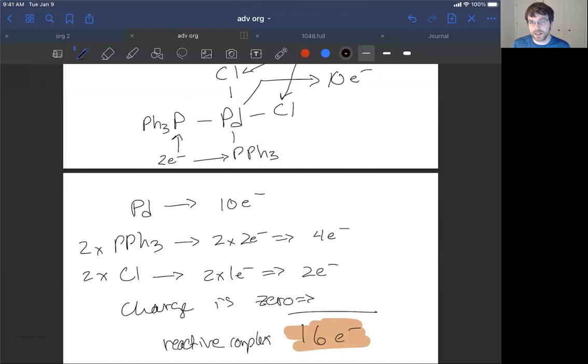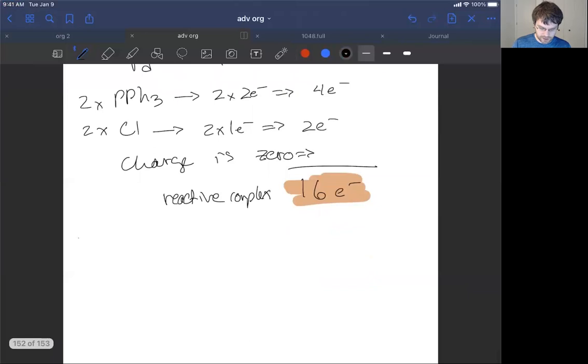We could start to mix things up a little bit and use different metals. But before we do, I want to take a second and actually start to digest some of the ligands that we're seeing. Okay, so let's look at electron counts for ligand classes.